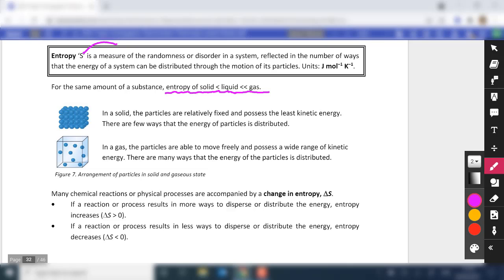Okay, so because of that, when you go from solid to liquid, which means when the solid melts from the solid phase to the liquid phase, you would expect the entropy change to be positive. And at the same time, when you vaporize liquids from liquid to the gaseous phase, now the gaseous molecules have more ways where the energy of the system can be distributed from the motion of particles.